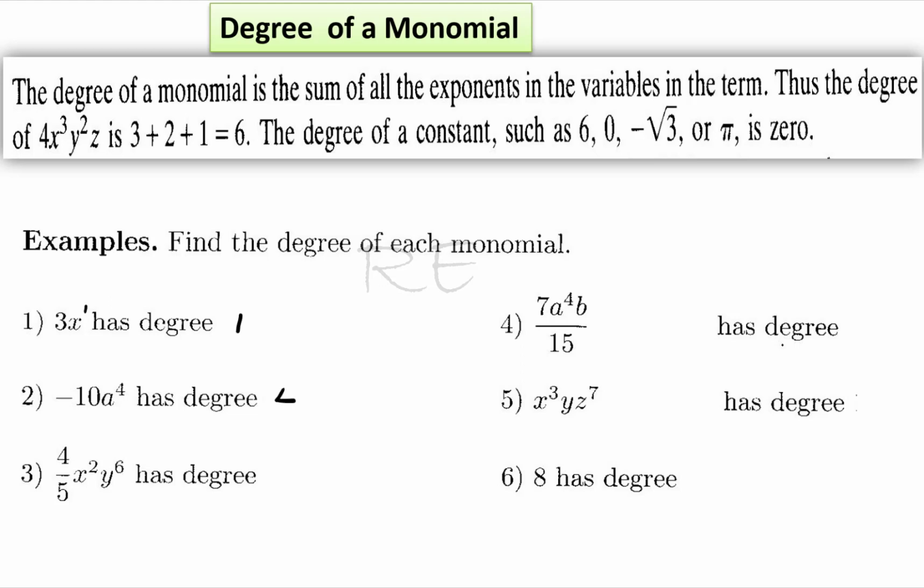Negative 10a to the 4th has a degree of 4. 4/5 x squared y to the 6th has a degree of 2 plus 6, which is 8. 7a to the 4th b over 15 has a degree of 4 plus 1, which is 5. x to the 3rd, y to the 1st, z to the 7th has a degree of 11, 3 plus 1 plus 7. And 8, which is really 8x to the 0, has a degree of 0.